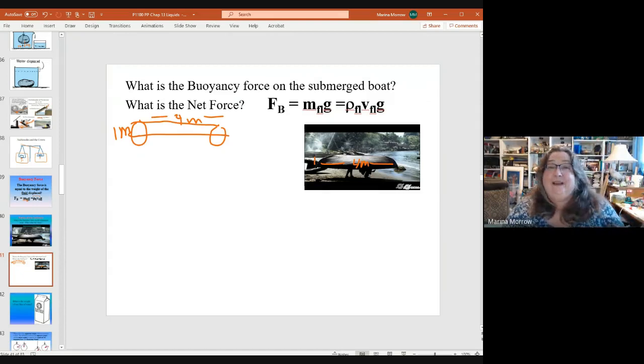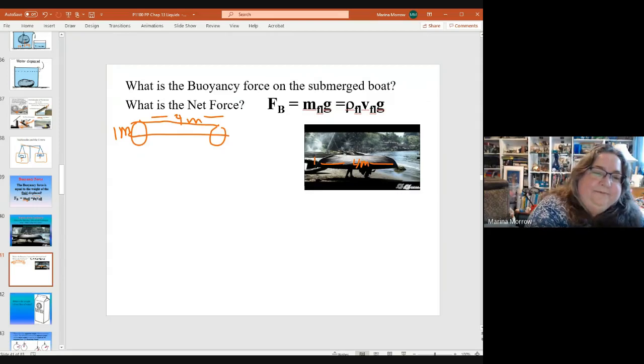Okay, and we need this because we need to find out the volume of water that's displaced. So we need the volume of the boat to figure that out. Okay, so for the volume of a cylinder, the area of the end piece is pi r squared, and then we multiply by the length.